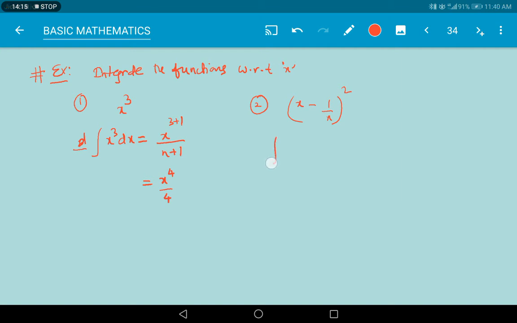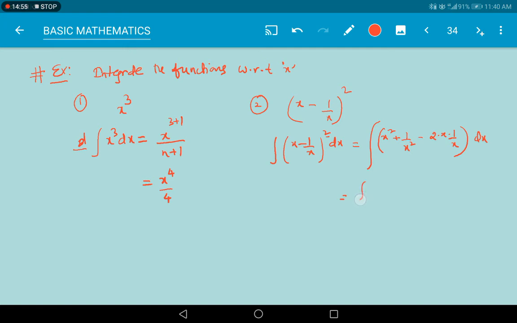Next, integration of x minus 1 by x whole square dx. Expanding it, we get x square plus 1 by x square minus 2 into x into 1 by x dx, using the a minus b whole square format.